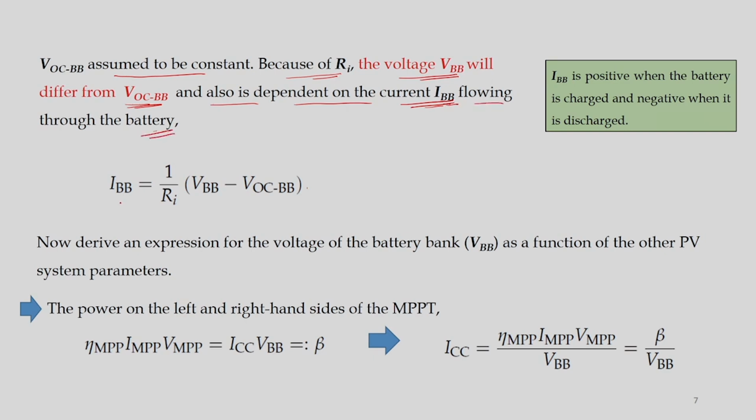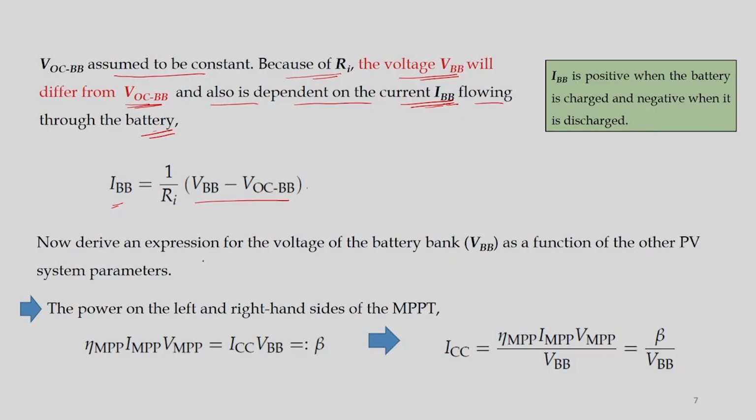So, this I_BB can be related with V_BB, V_OC and R_I, because as you know V is equal to IR. So, V_BB minus V_OC is equal to I_BB into R_I. So, I_BB can be calculated as 1 by R_I times this difference V_BB minus V_OC, right.